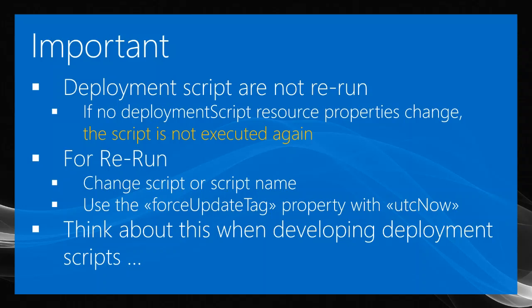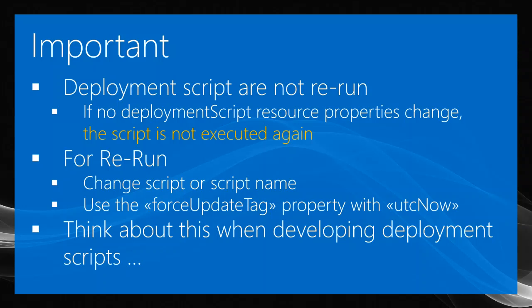And as you can see here, and that's important to understand, deployment scripts are not rerun as long as you didn't change the script or any script properties. So they are run, but once you deploy your ARM template again, they are not rerun. So they are only run once.